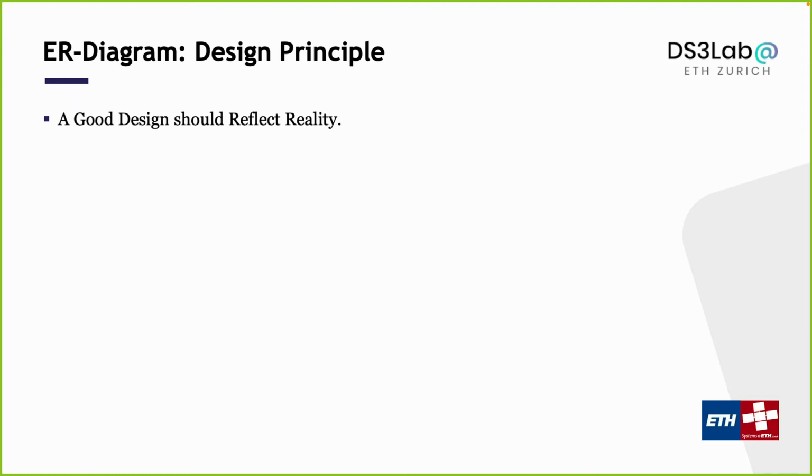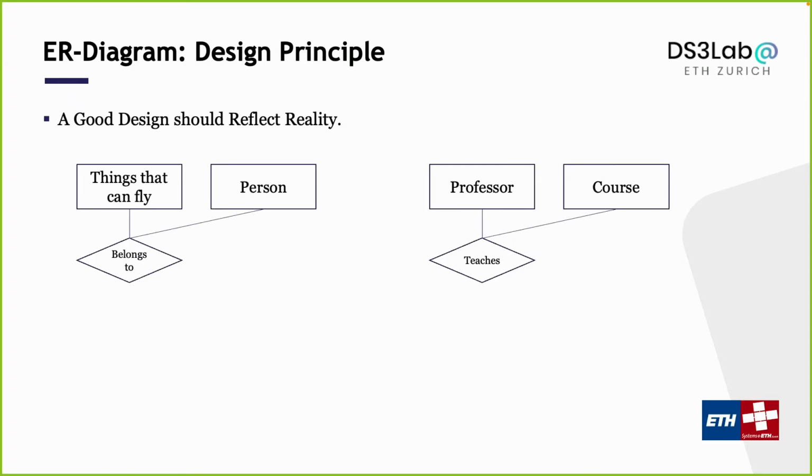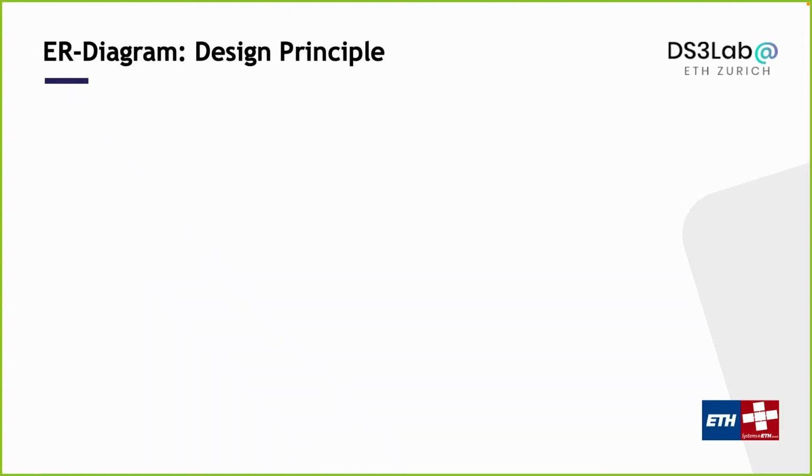This is very important. Whatever you are doing needs to reflect reality, what you are really trying to encode, okay? The second thing is, often we want to avoid redundancy during conceptual modeling. We want to model one piece of data, ideally only once, okay?